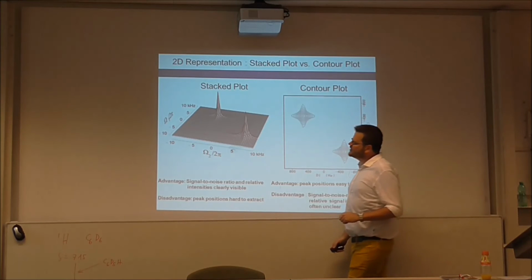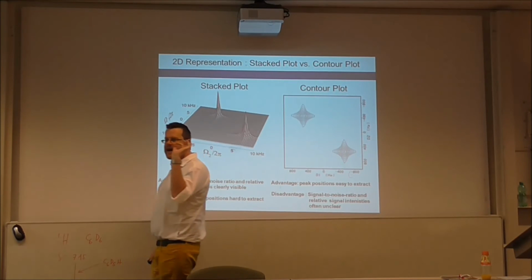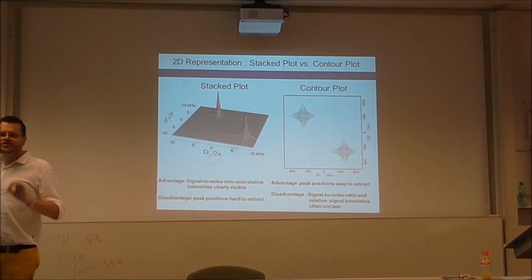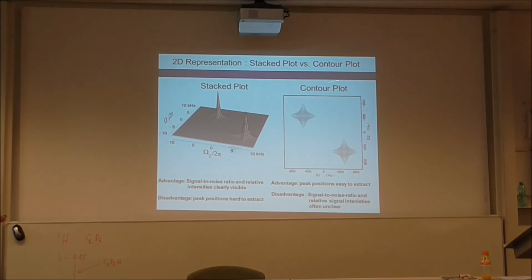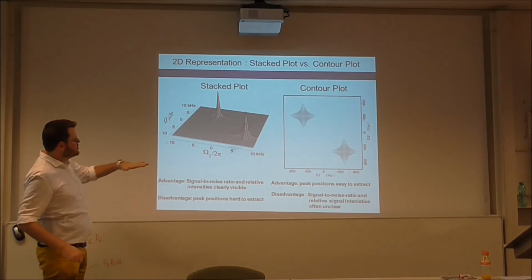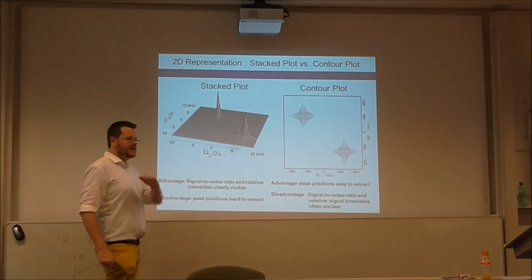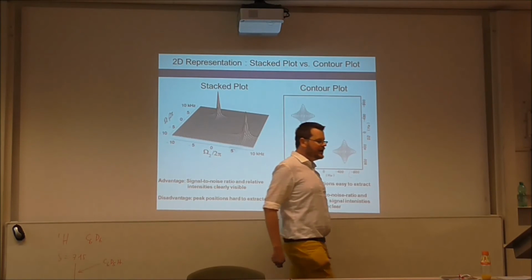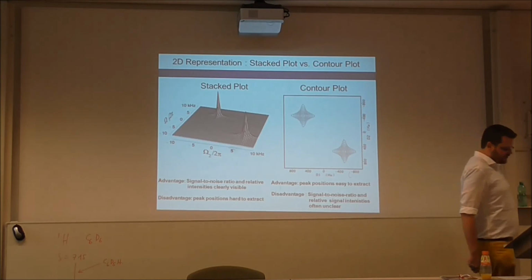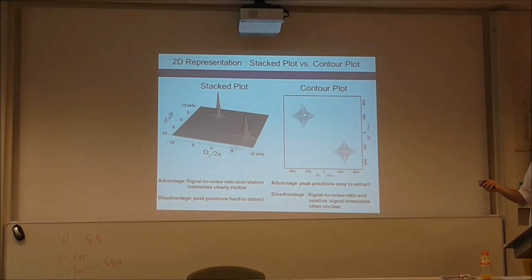But the problem with that is that it's difficult to locate the exact peak position. So generally, we use a contour plot, which is essentially taking a slice of the stacked plot and looking at it. The advantage is you can pinpoint the exact location of the so-called cross peak. This is what a cross peak looks like in a two-dimensional spectrum.